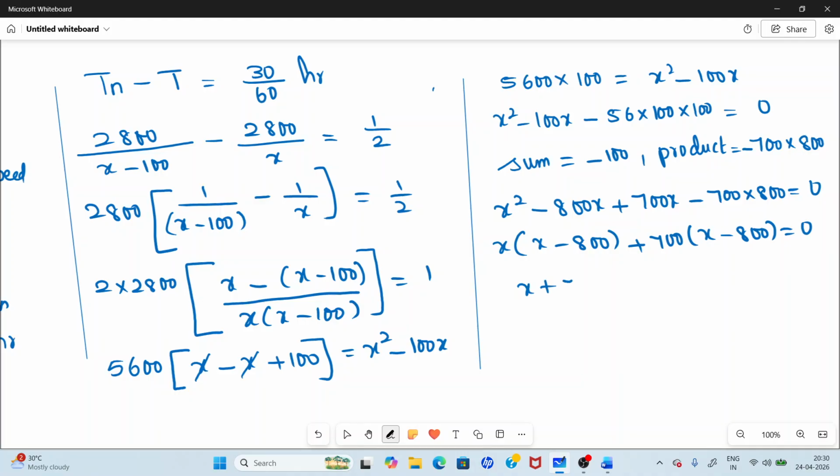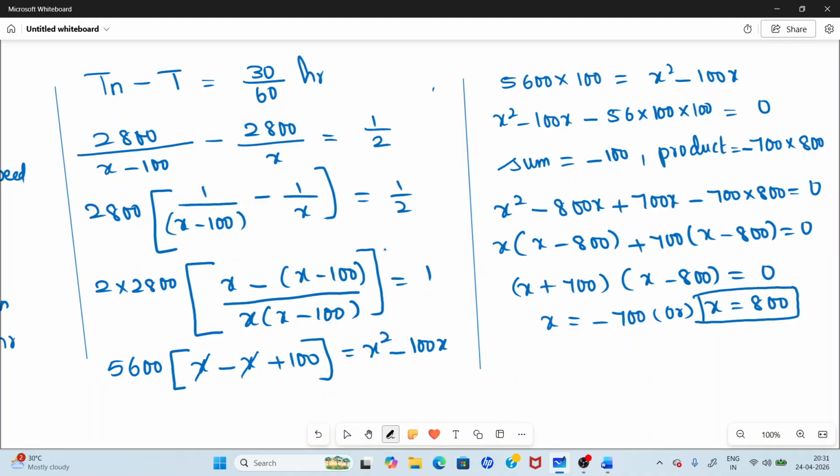So x plus 700 into x minus 800 equal to 0. x equal to minus 700 or x equal to 800. So since speed cannot be negative, we are taking x equal to 800.